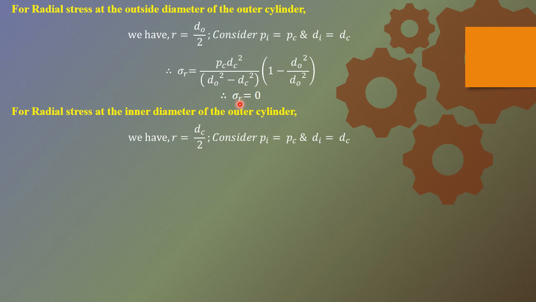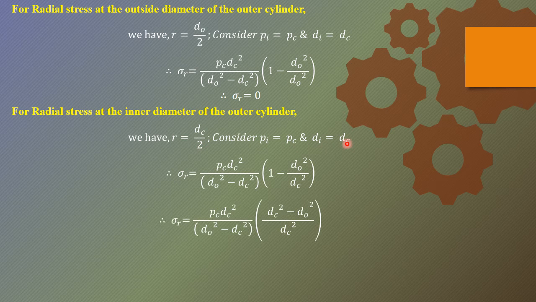Now we will consider the radial stress at the inner diameter of the outer cylinder. If you consider the inner diameter of the outer cylinder, it is nothing but the contact diameter. So R will be dc divided by 2. Internal pressure will be Pc, and internal diameter will be dc, right?